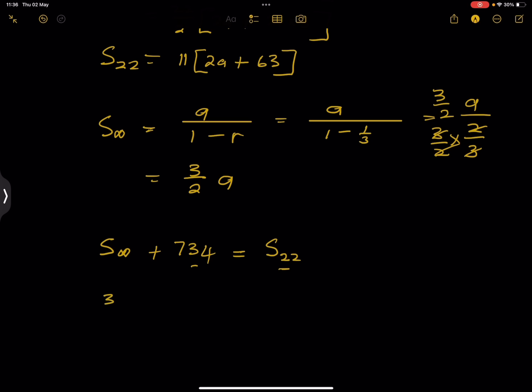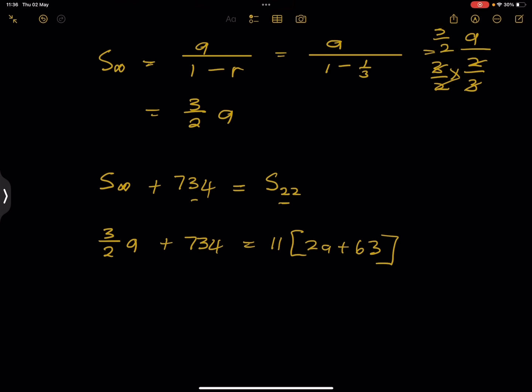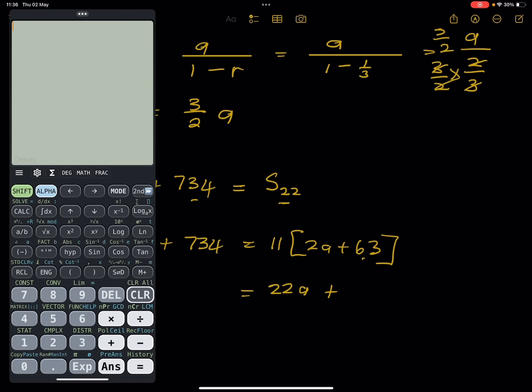So we've got 3 over 2a plus 734 equal to 11 into 2a plus 63. So this would be 22a, that's 11 multiplied by 2, plus 63 times 11, which would give me 693.